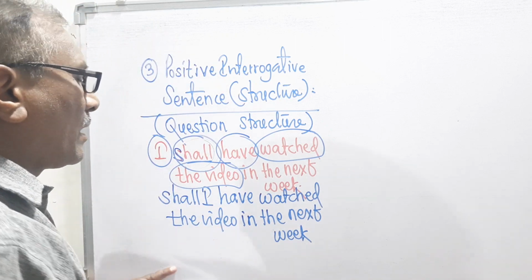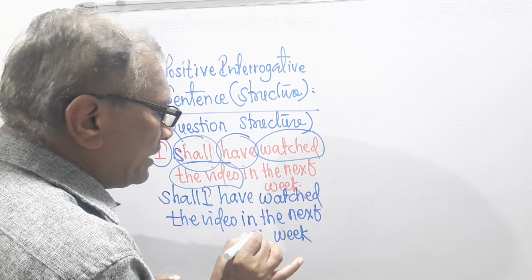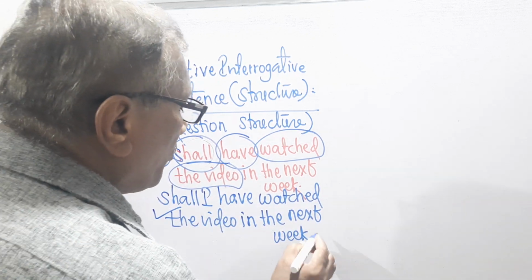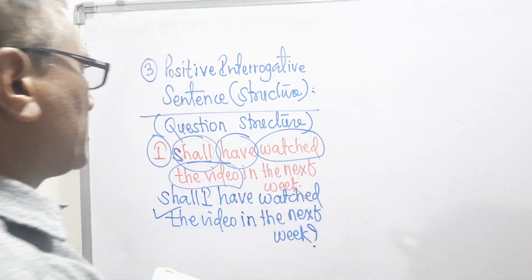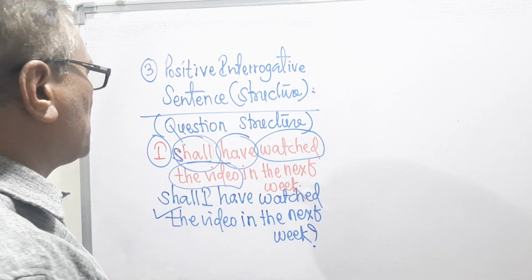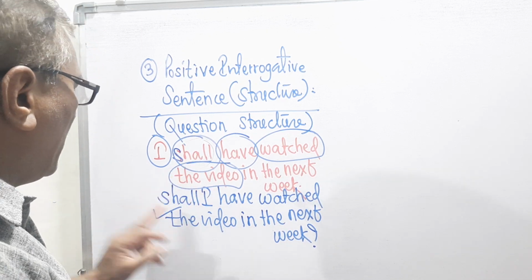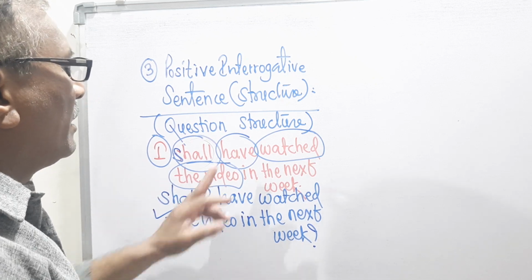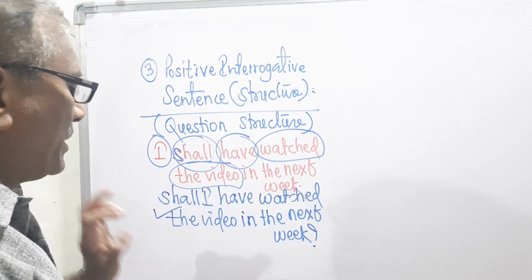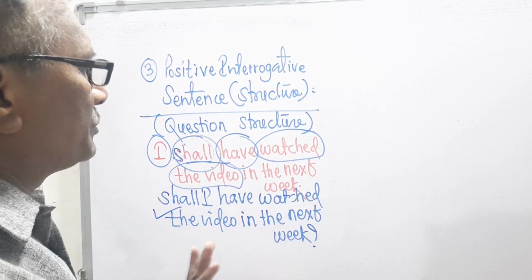Okay. Now see, we have written this sentence like this, but this sentence is a question, so I will give here the question mark. In this way we can prepare the questions. How? Always take shall or will, then the subject, then have, then PP, then object, then the complement, and then the question mark.